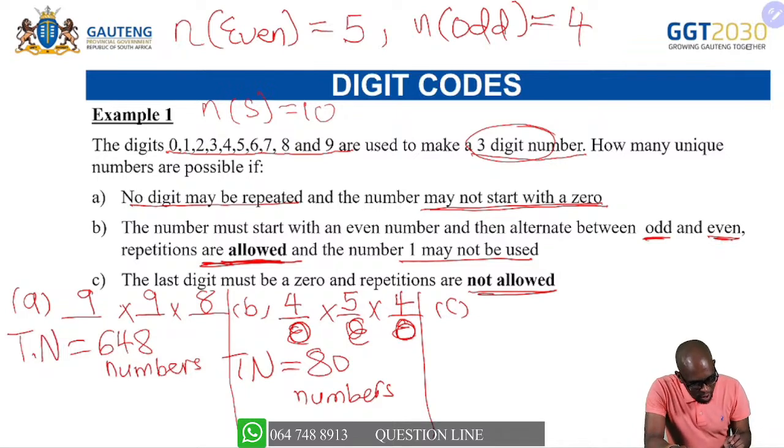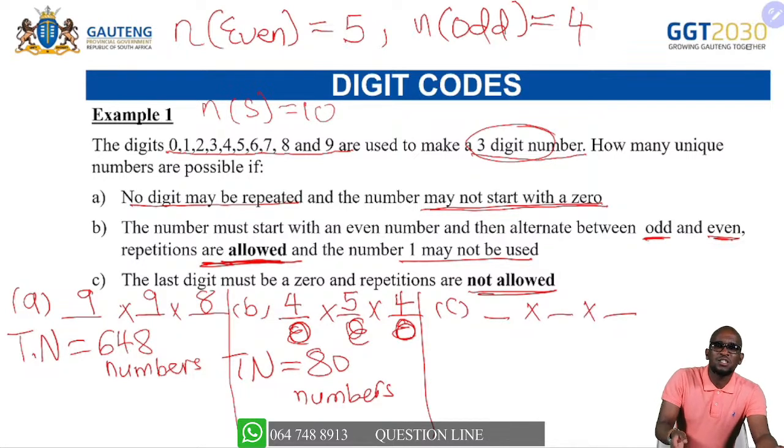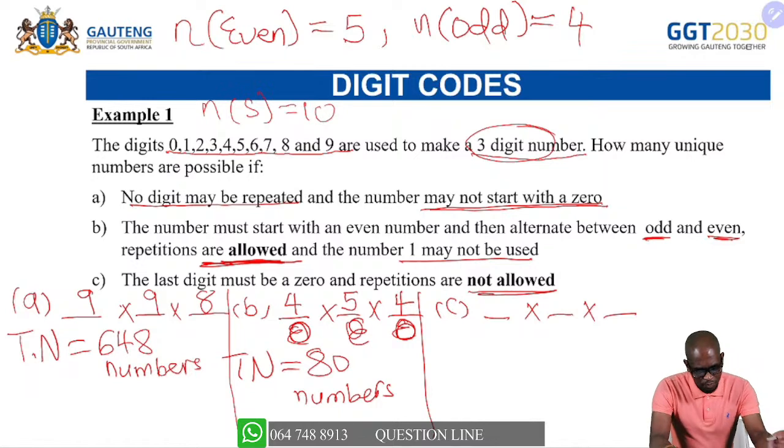Which means that now if we open our 3 spaces, remember these 3 spaces are representing the number of digits, or rather the digit number that we are interested in. It should have 3 numbers. So now if we check in the first position, let's start with the condition. The condition says the last digit must be a 0.